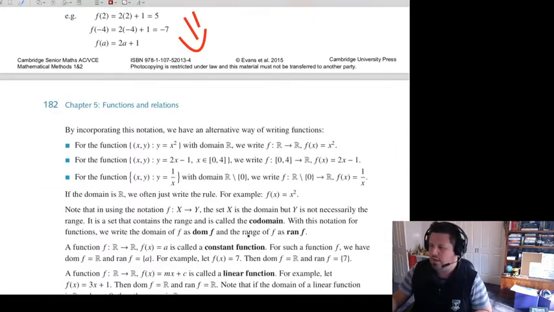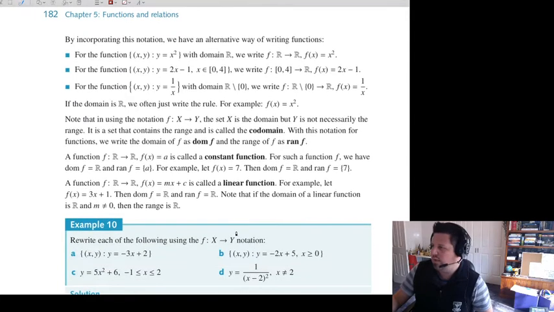All right. Now, it says here, by incorporating this notation, we have alternate ways of writing functions. Traditionally, we used to write things like this: y equals x squared, to work out the points x and y, and it has the domain, all real values for that. Another way you can write it is using this notation here.